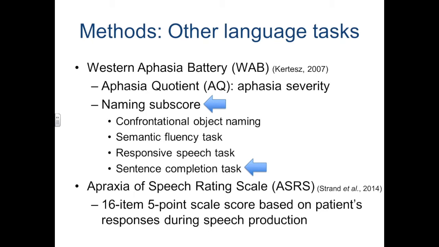It includes the picture description task from the WAB, and it's a task that has some subjective component in that it is a human judging another human based on operationalized criteria, but there's definitely always room for variability. But it's a very, very well-used task, a popular task for trying to quantify a challenging thing to quantify, which is apraxia of speech. So this was another task that we used as a potential confounder.